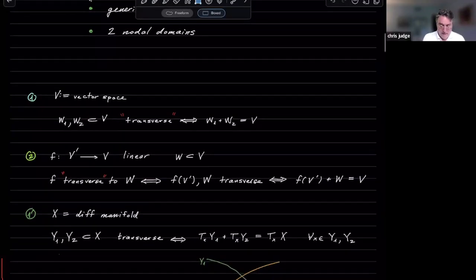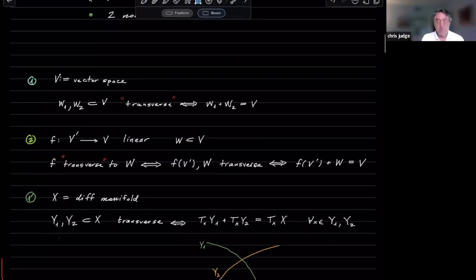Then I have the notion for a differentiable manifold, and just like in anything in differential topology, you start out with some notions in vector spaces, and you generalize it to maps and spaces that approximate Euclidean space, some vector space. So the first version is we have a differentiable manifold X. We have two submanifolds, Y1 and Y2, which we assume are nice and differentiable.